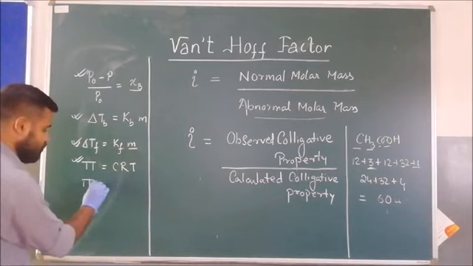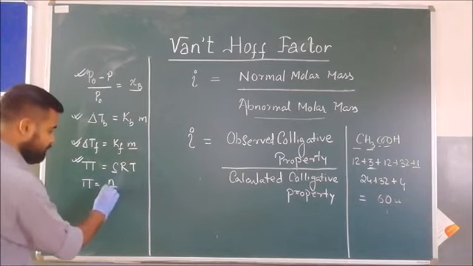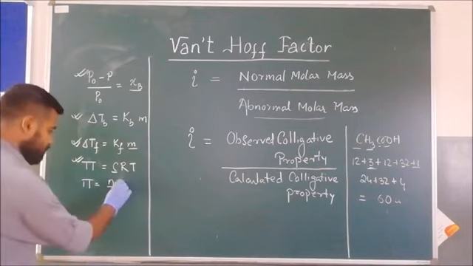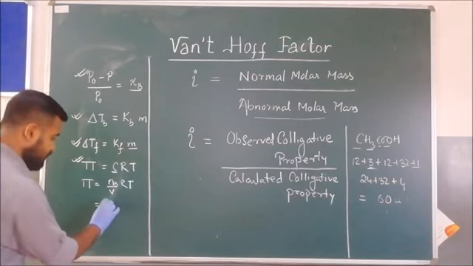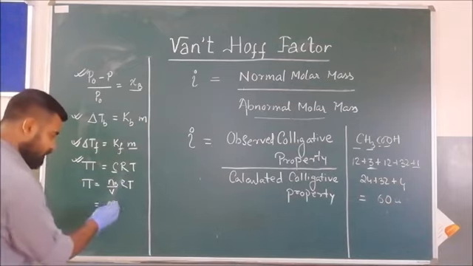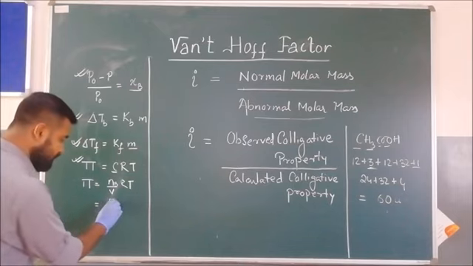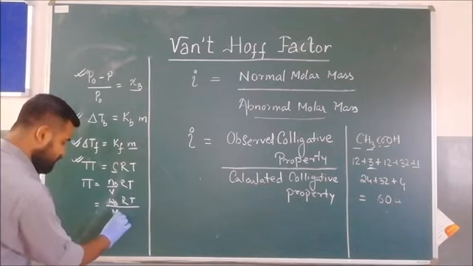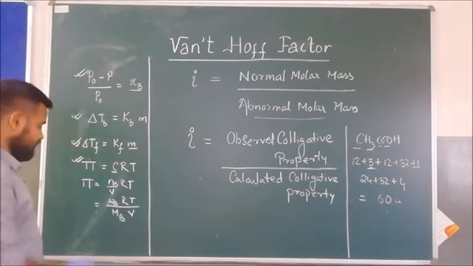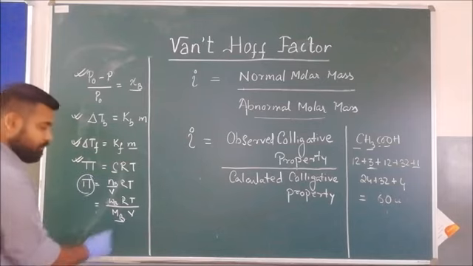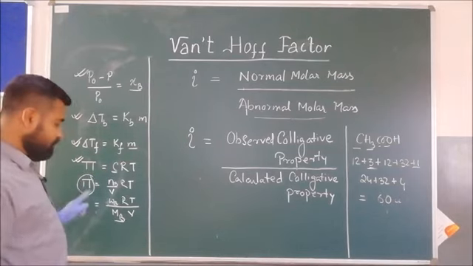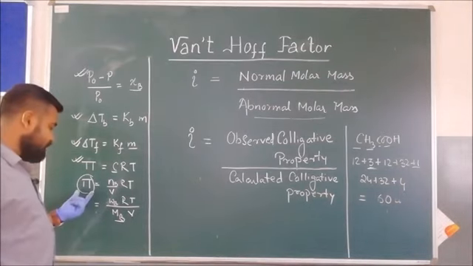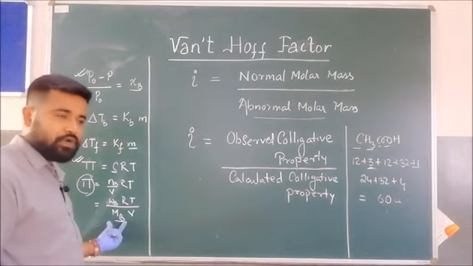Osmotic pressure is equal to C, that is n by V, number of moles of solute by V, nB by V. So nB can be written as given mass WB by MB into V. So the osmotic pressure is inversely proportional to molar mass. Clear? Means the colligative property is inversely proportional to molar mass.